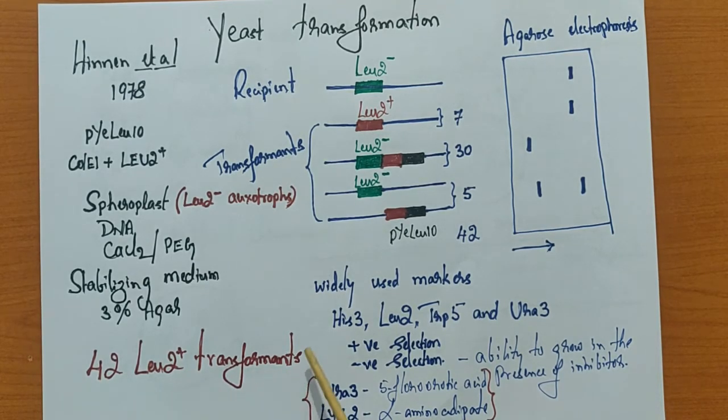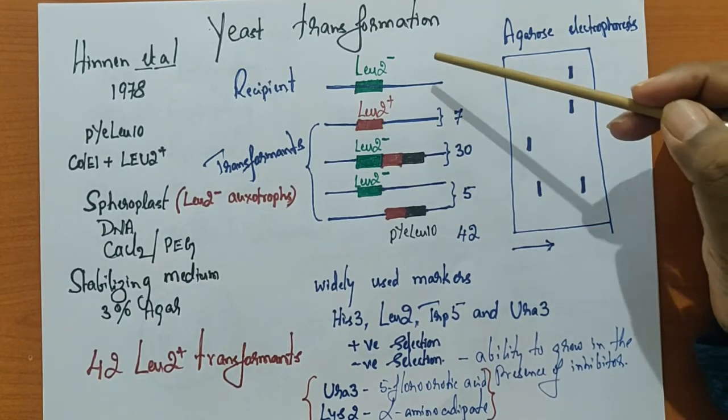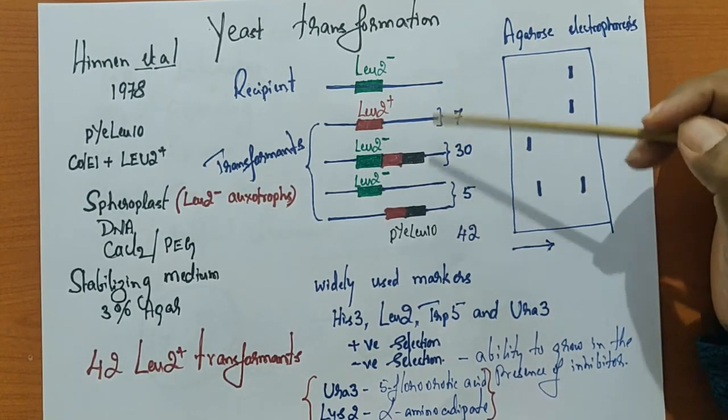Now when they analyzed these 42 LEU2 plus transformants in detail by agarose gel electrophoresis, they found a lot of conditions. I am going to represent them pictorially.